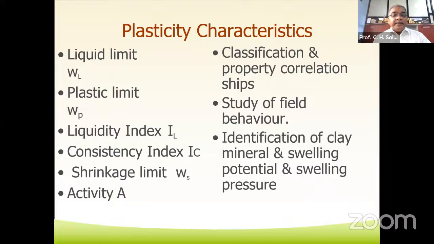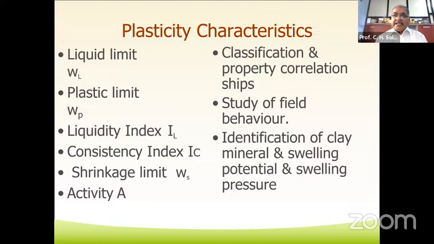You also studied the plasticity characteristics in the form of Atterberg limits. You are familiar with the Atterberg limits in the form of liquid limit, plastic limit, as well as shrinkage limit. These Atterberg limits are useful to us to know the soil indices.